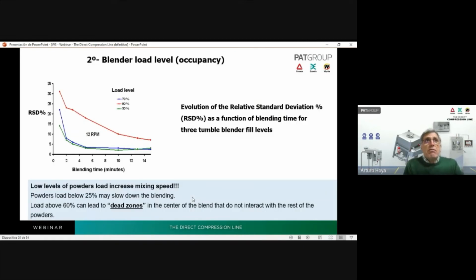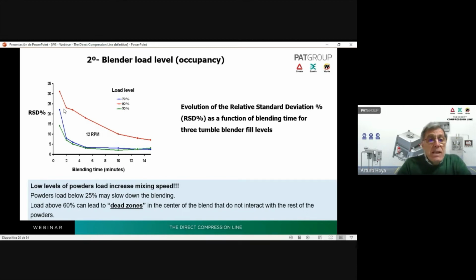The second variable is the blender load level, the occupancy. The same type of graph, RSD percentage versus blending time. Here the tumbling blender is rotating at 12 RPM, but with the same formula at different load levels: 70%, 90%, and 30%.